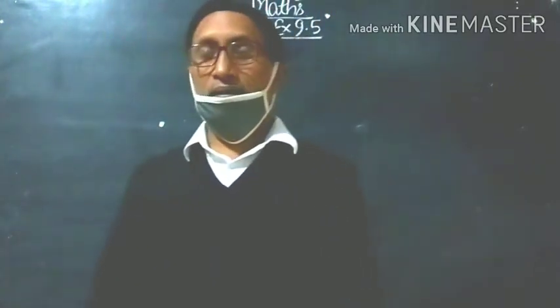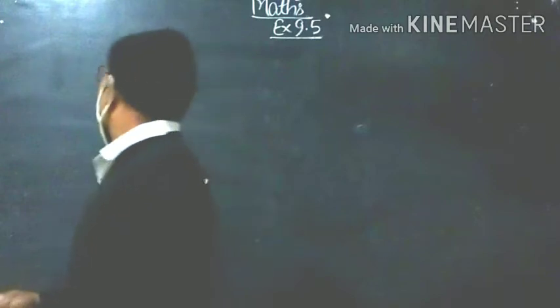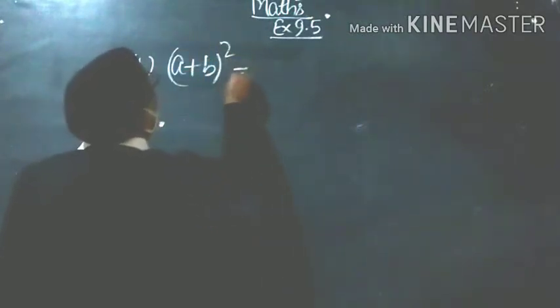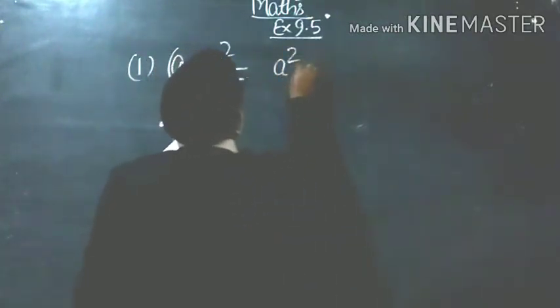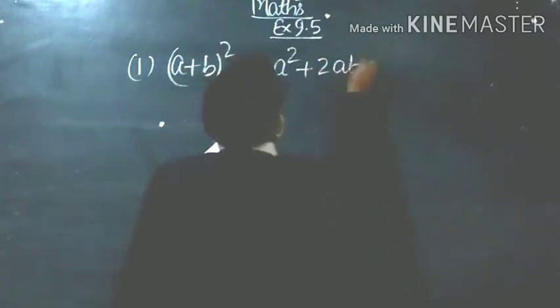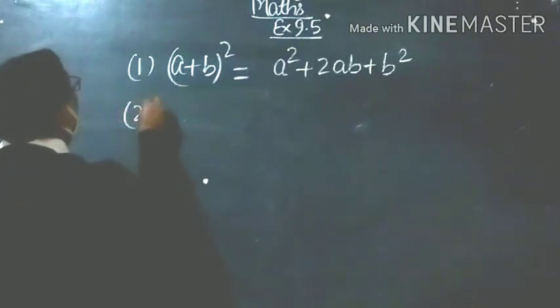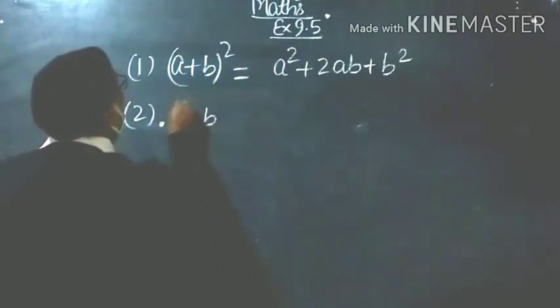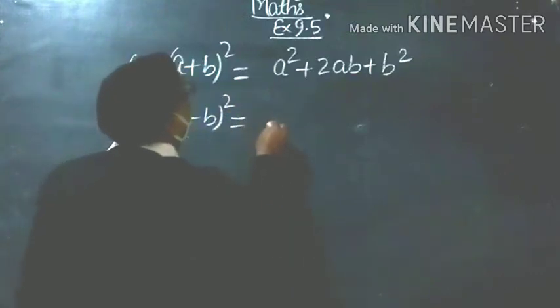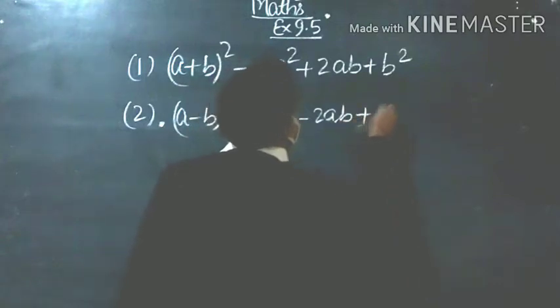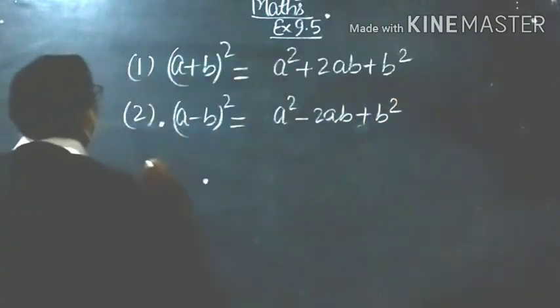Okay, I have some standard identities. First, (a plus b) whole square is equal to a square plus 2ab plus b square. Second, (a minus b) whole square is equal to a square minus 2ab plus b square.